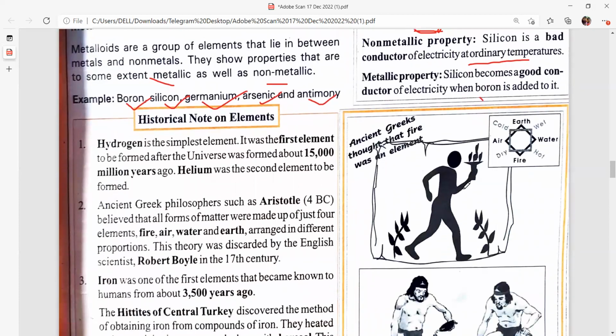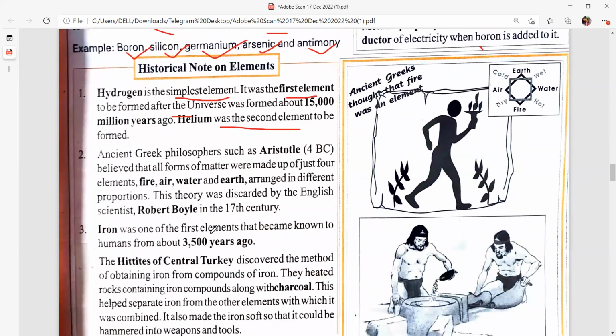Historical note on elements. The first, simplest element is hydrogen. The first element to be formed in the universe is hydrogen. The second element formed is helium. The first element to become known is iron. Iron was the first element that became known.